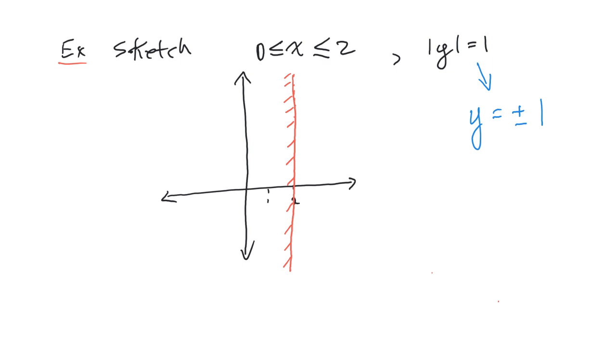So here's what we're looking for. We are looking for the y values where we have 1 and negative 1. Now, the only time both of these occur is when we have this line that goes directly across here.